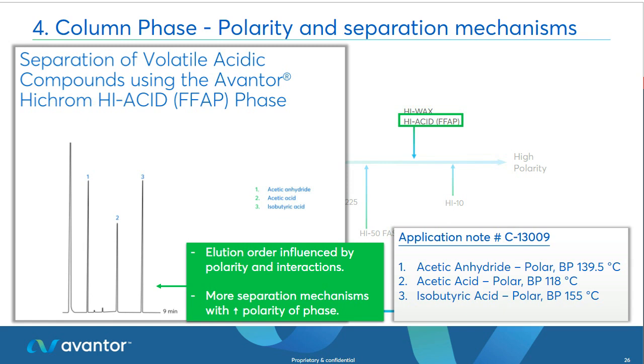And then acetic acid actually has a lower boiling point, but it's eluted after the acetic anhydride, and that's because the boiling point does not define when the analyte elutes out of the column. There are more mechanisms, so there's more retention when it comes to polar phases, and then more difference in the interactions for the analytes with that phase.